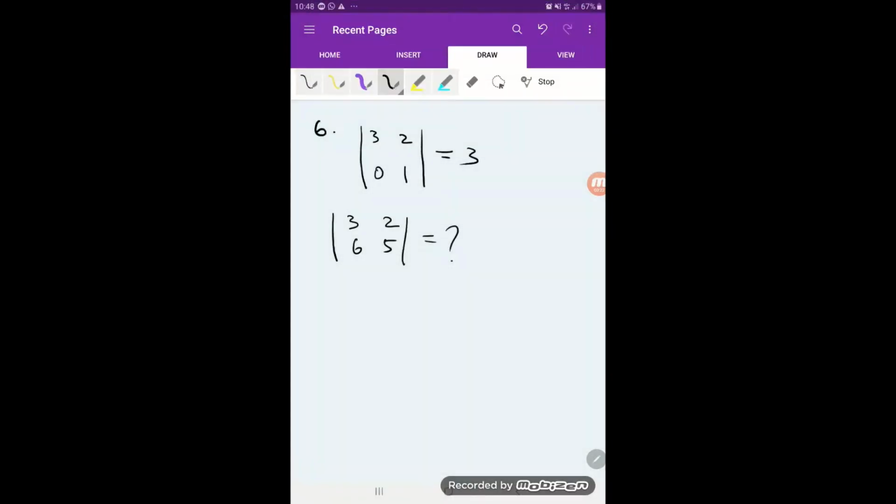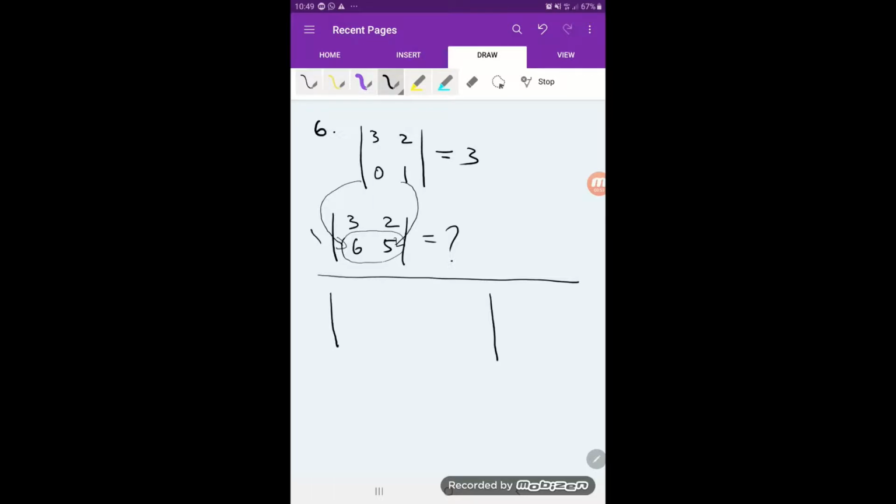So how do we find this determinant? You can see here, the second row is changed. From 0 it changes to 6. From 1 it changes to 5.